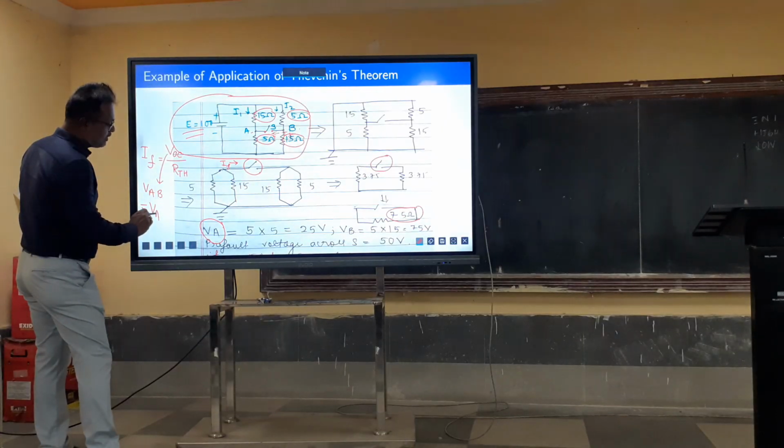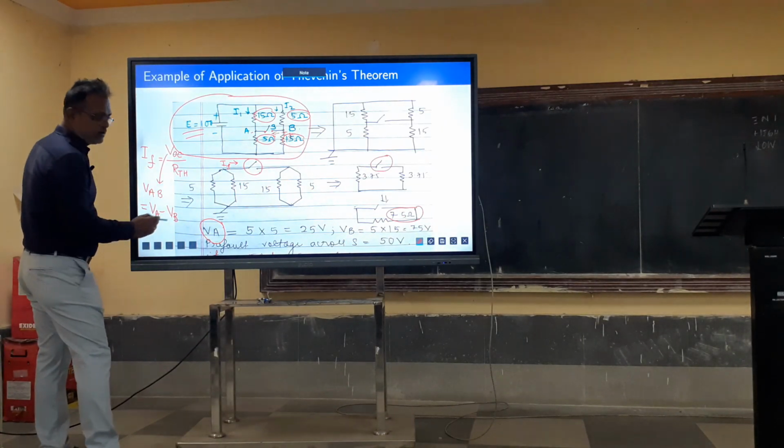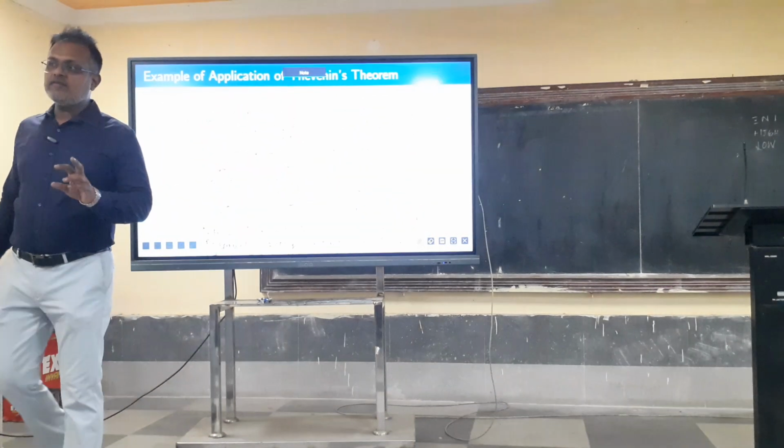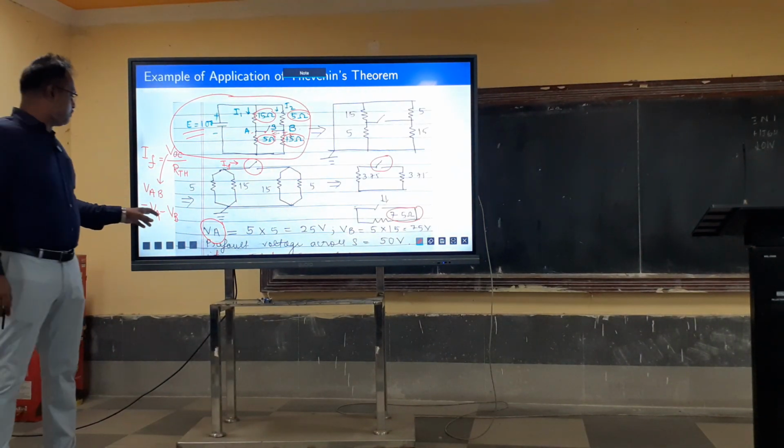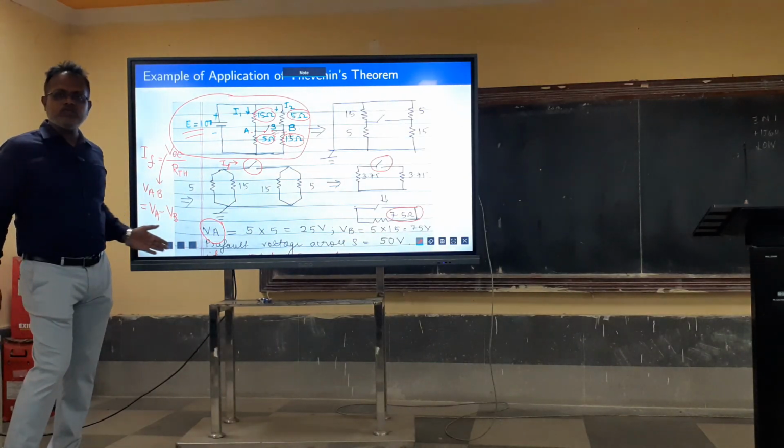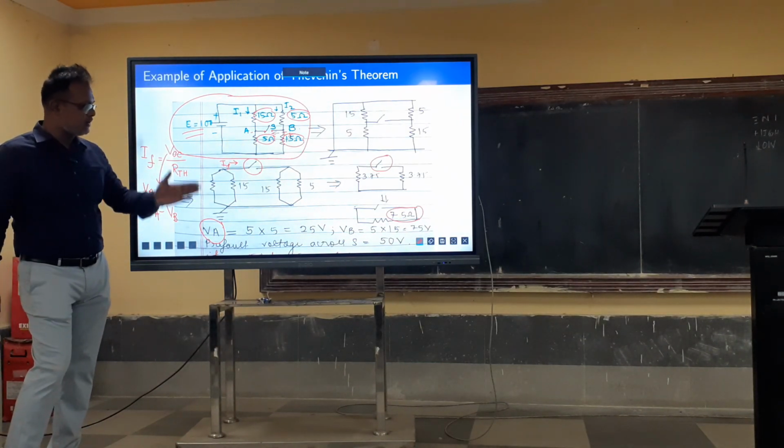You know that VAB is equal to VA minus VB, the difference of potential between the two points. So individually find out what is VA and what is VB.